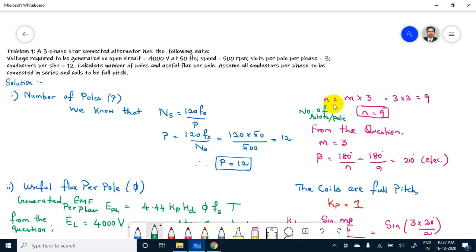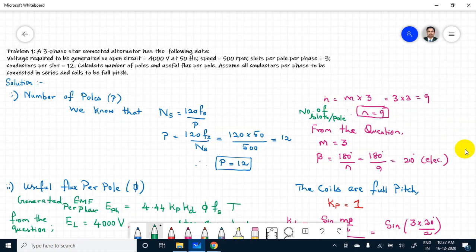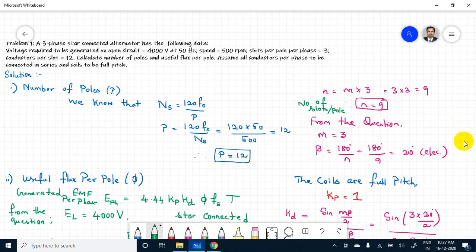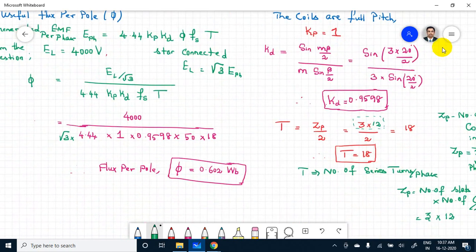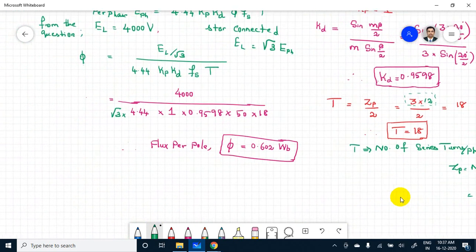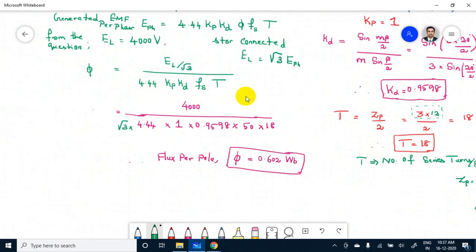We divide 9 by 3 and you will get 3 slots. Do you understand my point? Okay. Now substitute all the parameters in your above formula, then you will get flux per pole. Any doubts, students?